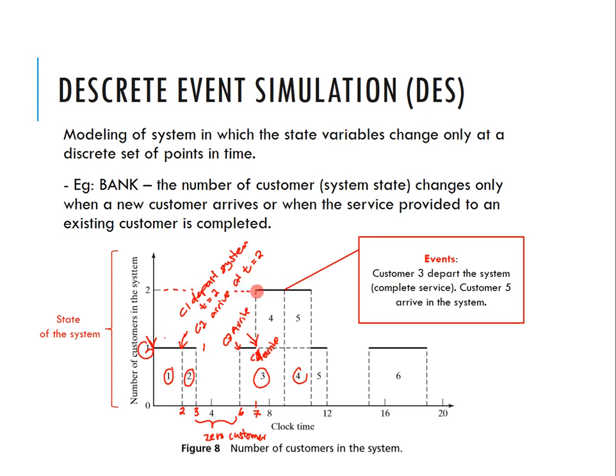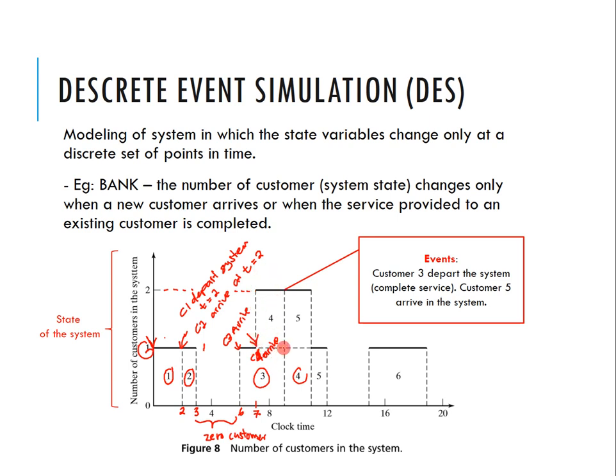At this point, at time 7, there are customer 3 and customer 4, meaning that at time 7, customer 3 is still in the system. So when will customer 3 actually exit the system?